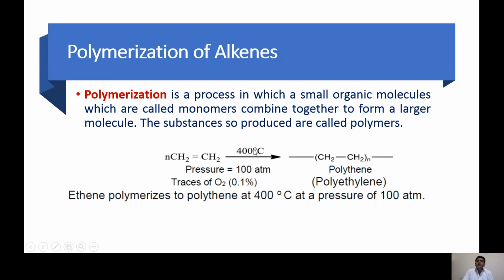For example, we know the proteins. These proteins are polymers, and they are made of amino acids. Similarly, sucrose and carbohydrates are all made up of glucose molecules. They are called the monomers, that is the glucose as well as the fructose, and they are called monosaccharides. We also know that PVC pipes are generally used.